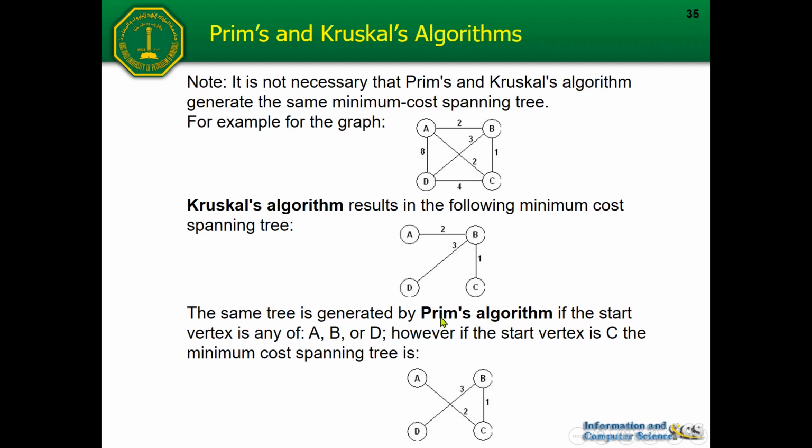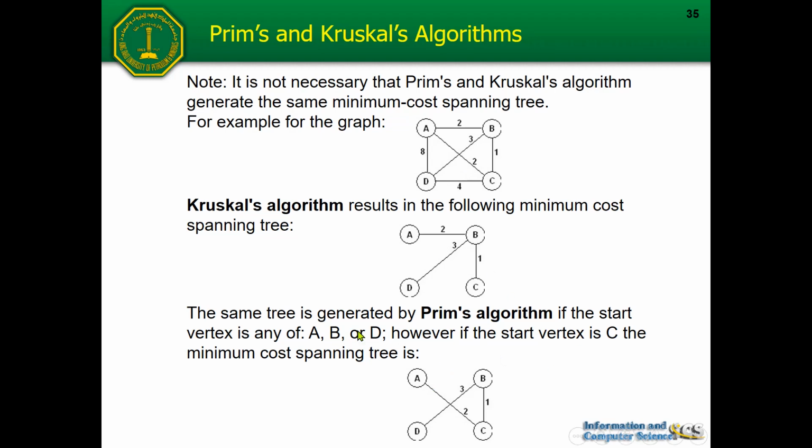So Prim's and Kruskal's algorithm will usually result in different minimum cost spanning trees, but all the answers will be spanning trees with minimum cost. As the minimum cost is always the same for the corresponding graph, you can expect that Kruskal's and Prim's algorithm will generate minimum cost spanning trees that have exactly the same total cost.